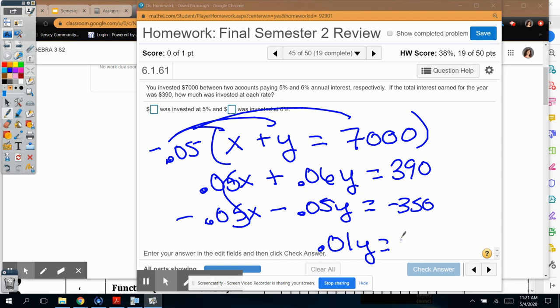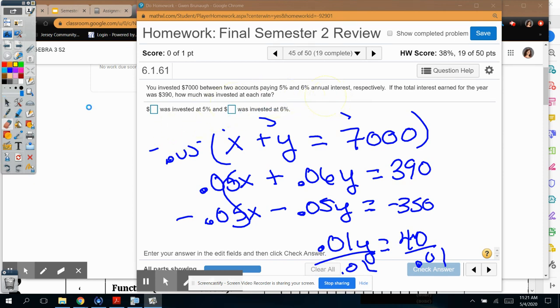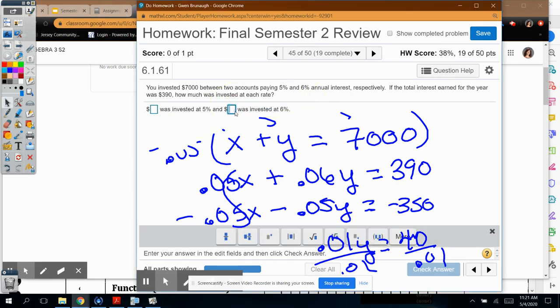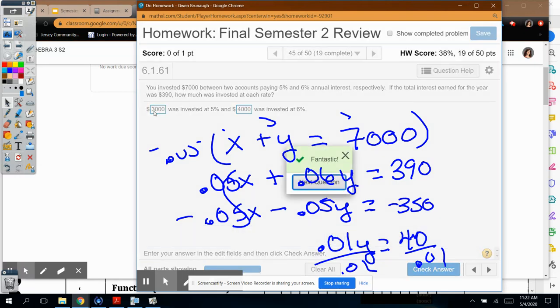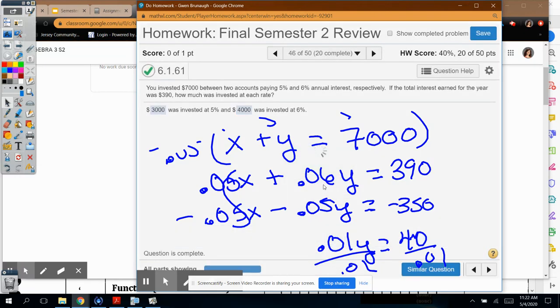That will be 40. Divide by 0.01. And I invested $4,000 at the y, which is 6%. So 4,000 at the 6%. So then how much did I invest at the 5%? Well, those two totaled 7,000, so that was 3,000 at the first one.